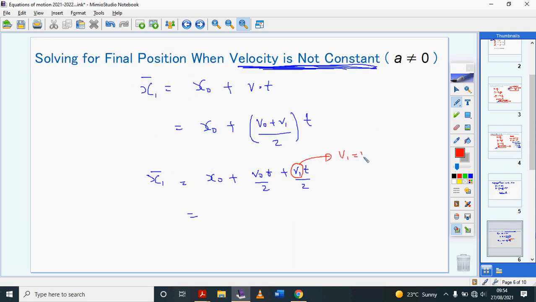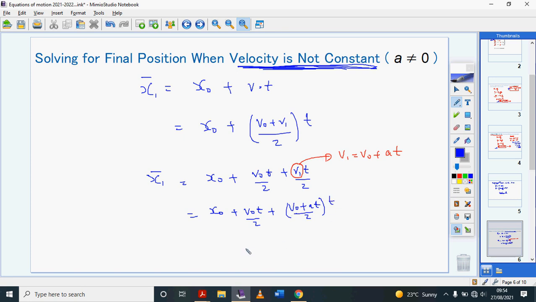Final velocity is equal to initial velocity plus acceleration times time. That's the substitution that I'm going to make. So I'll have x0 plus v0 t divided by 2 plus, instead of v1, I'll have v0 plus at, over 2 times t.